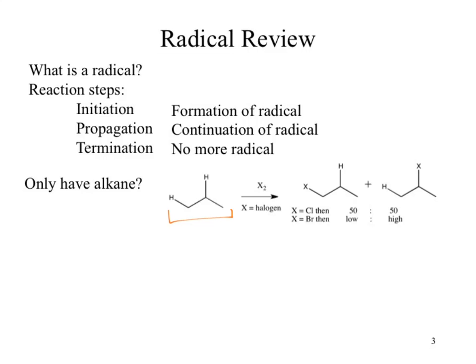If we react our alkane with bromine, so Br2 as our halogen, the bromine goes very, very specifically for our more substituted position on the alkane. If we pick something like chlorine instead, it goes kind of evenly all over the place. It's kind of hard to predict its reactivity. It goes to both our substituted and our unsubstituted positions.